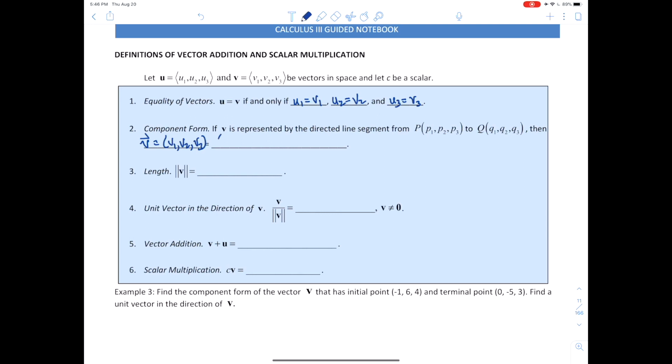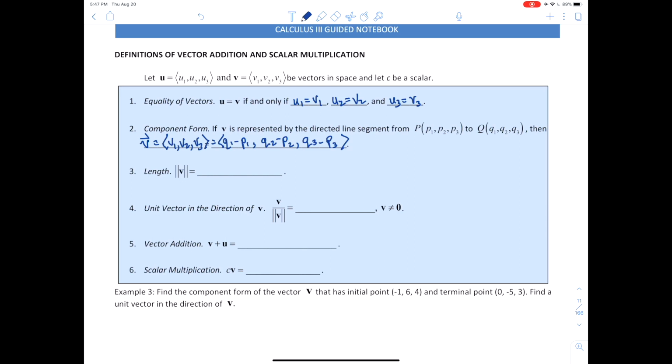It's going to be equal to q1 minus p1, remember this from last time, comma, q2 minus p2, comma, q3 minus p3. And we're using the other kind of brackets. Okay? So just an extension of what's happening in the plane.